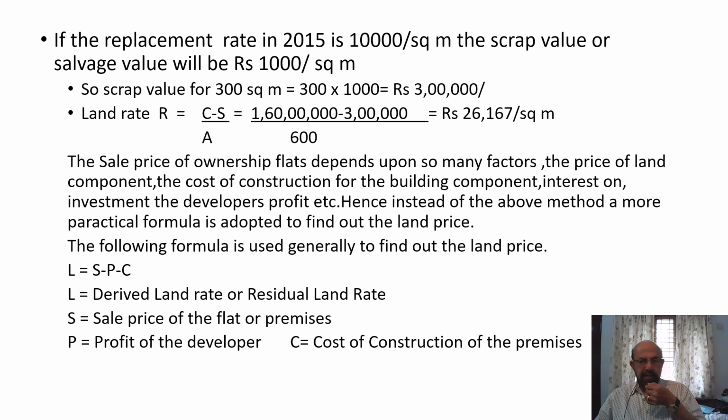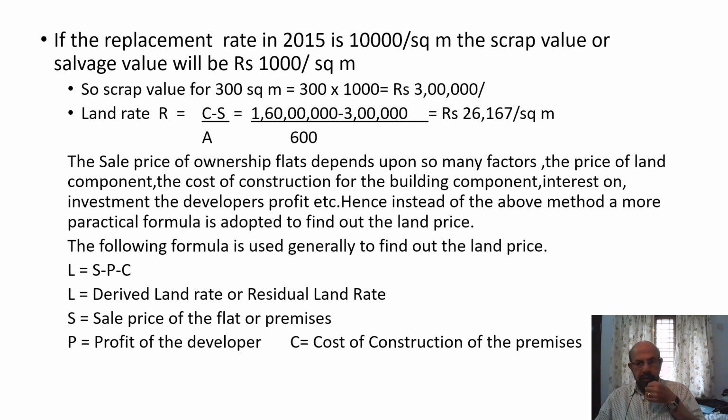So land rate is equal to 1 crore 60 lakhs minus this scrap value 3 lakhs, divided by the area 600 square meter, which is equal to rupees 26,167 per square meter.